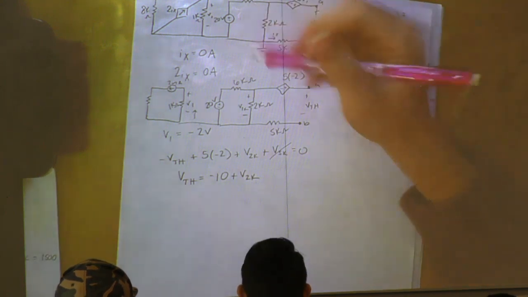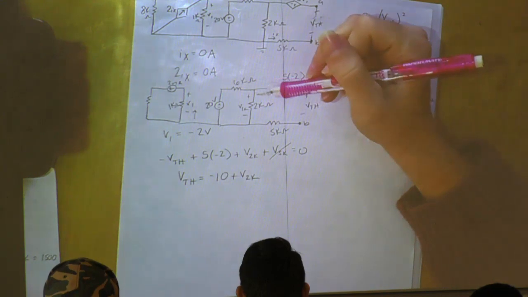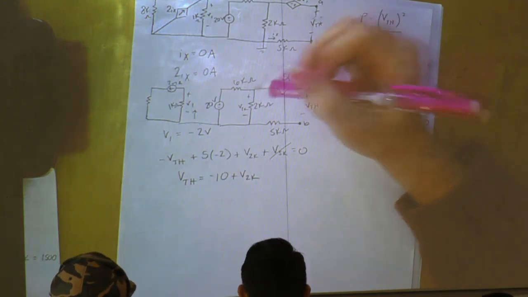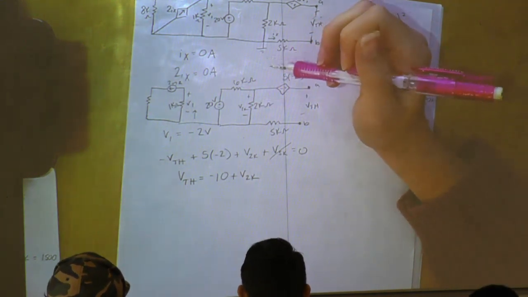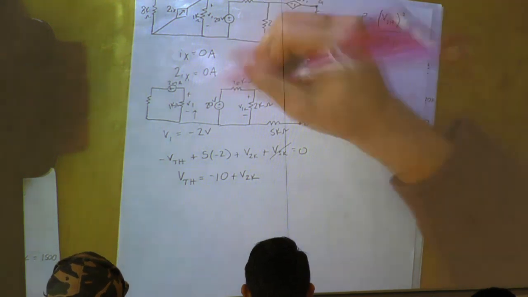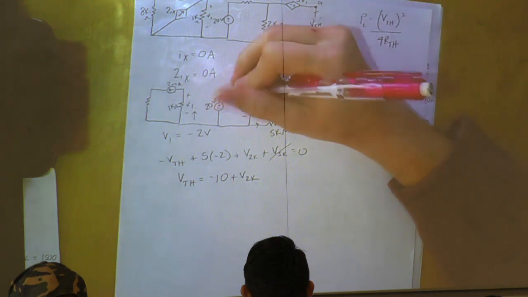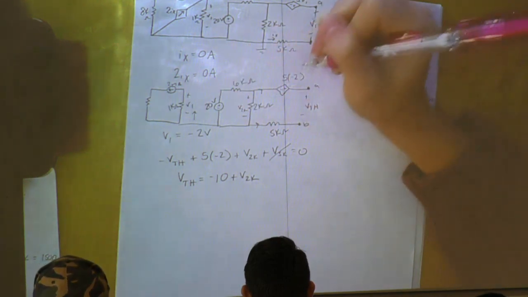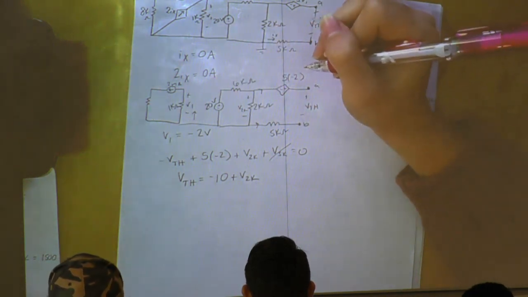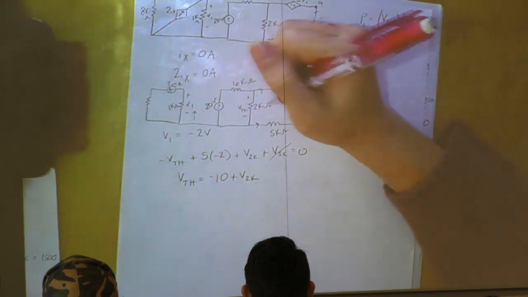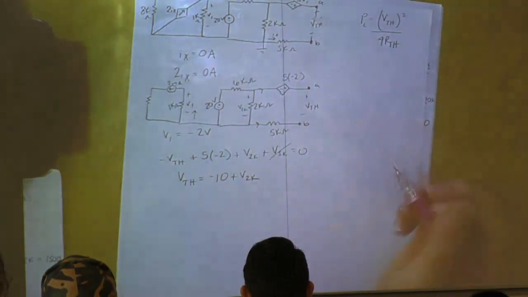You could either do a KCL to find that node, to find that voltage, or you could simply do a voltage division. Because there's no current coming through these 2 wires, these 2 resistors are actually technically in series. So the only place the voltage will be going is to the 2 resistors.